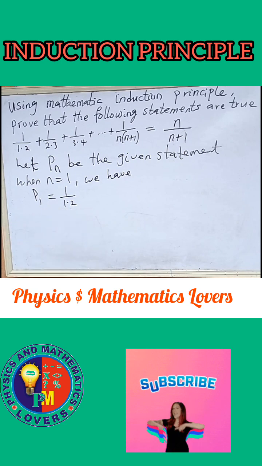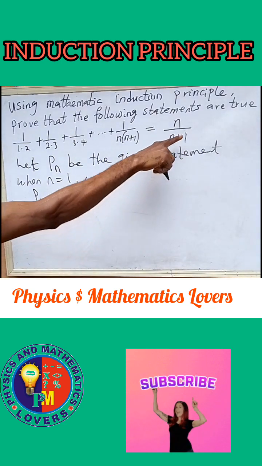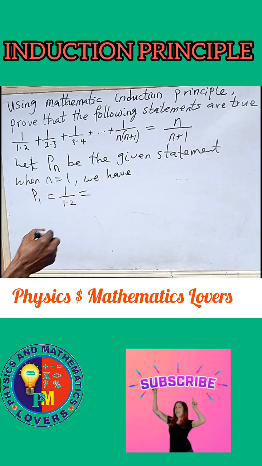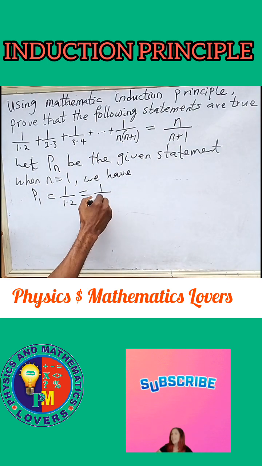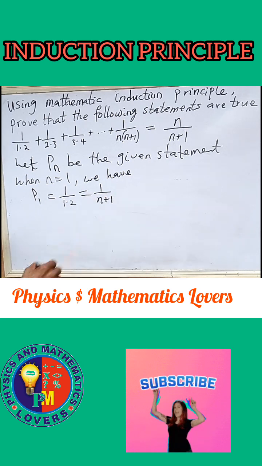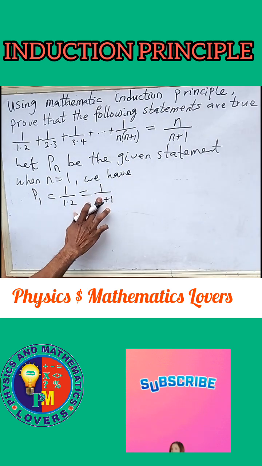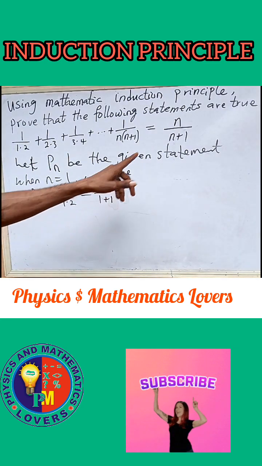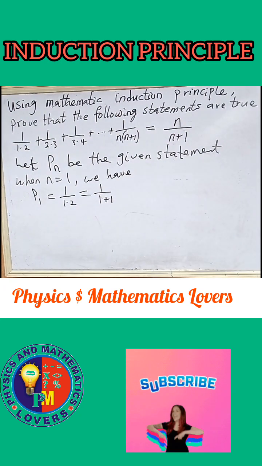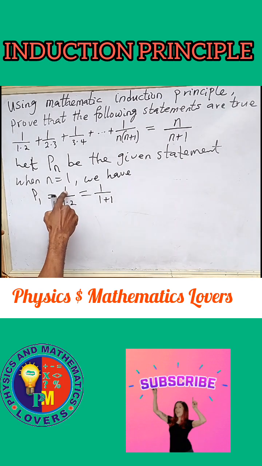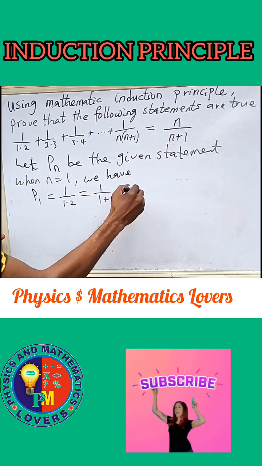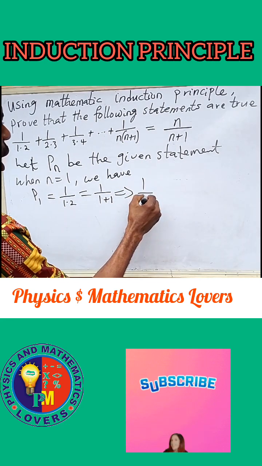Then on the right hand side, you plug 1 for n, which means 1 over n plus 1. It's not n again; you replace n with 1. So 1 times 2 is 2, which implies that on the left side we have 1 over 2.